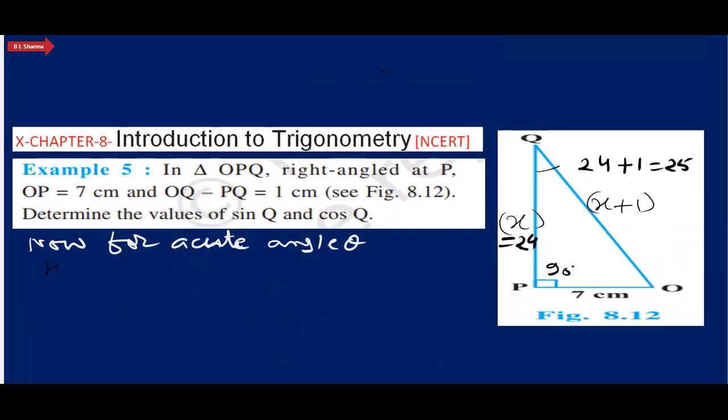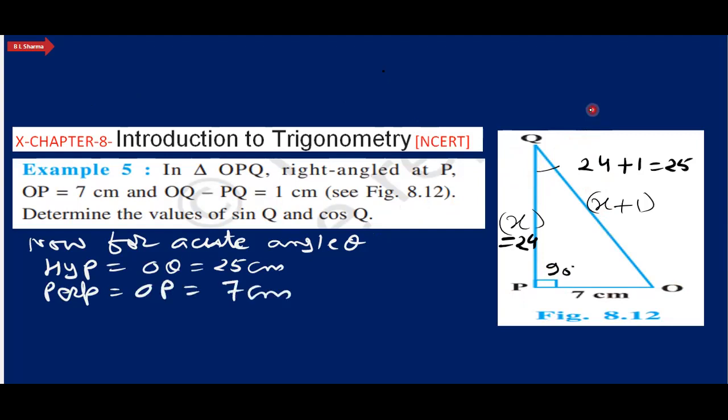Hypotenuse is OQ, that is 25 centimeter. Then perpendicular is the side just opposite to the angle under consideration. और यहाँ हमें एंगल Q कंसिडर करना है, तो ये OP is the perpendicular and that is 7 centimeter.